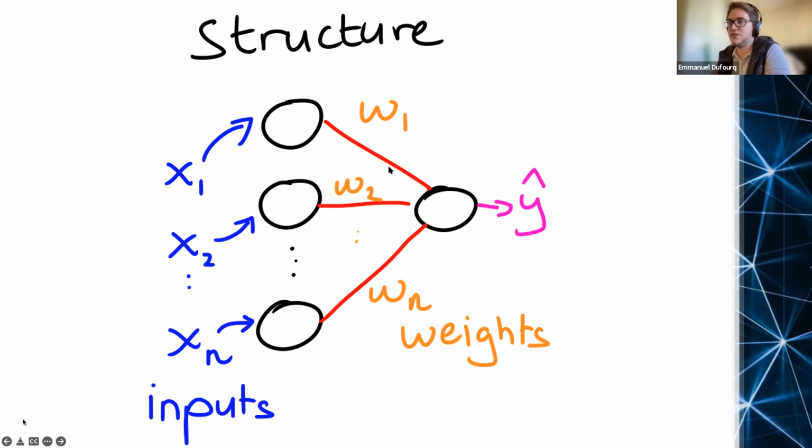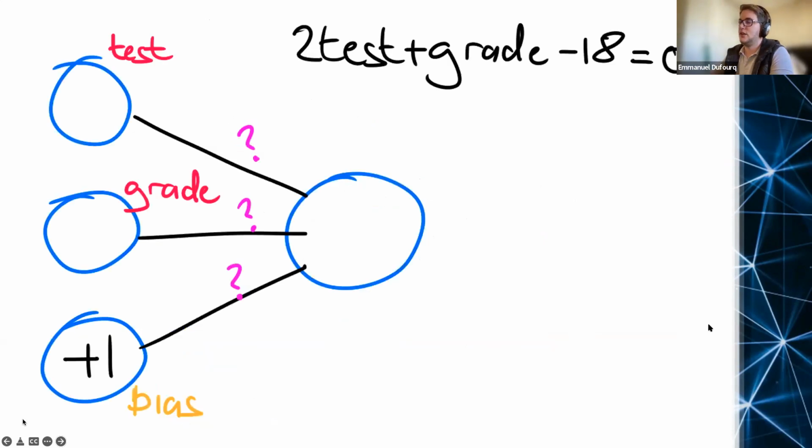For those of you who have studied graph theory, you've probably seen graphs that look like this before, where we have the nodes and the edges that connect the nodes, and there are values associated with the edges. But in neural networks, the inputs come in here, and then we have these weights, and the output y hat is here.